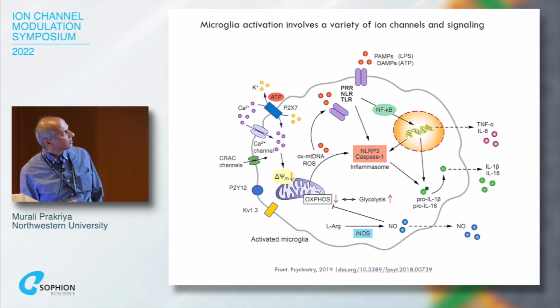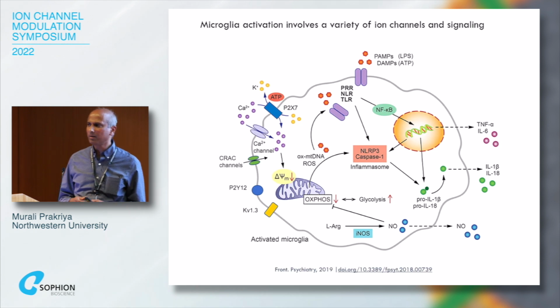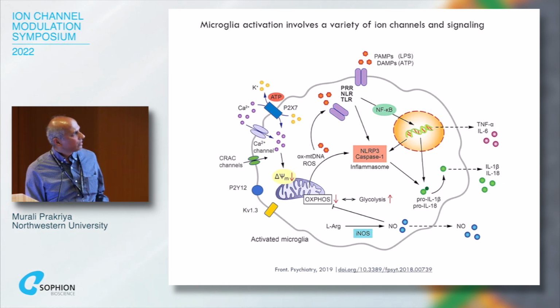The idea is that stimulation of these receptors, as well as other pattern recognition receptors, TLRs and so forth, can drive inflammatory microglial functions by inducing the formation of numerous cytokines and other mediators.